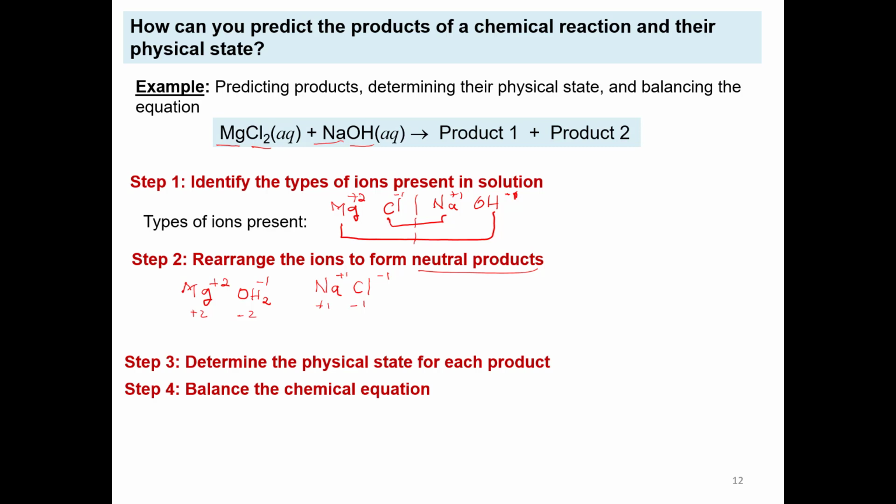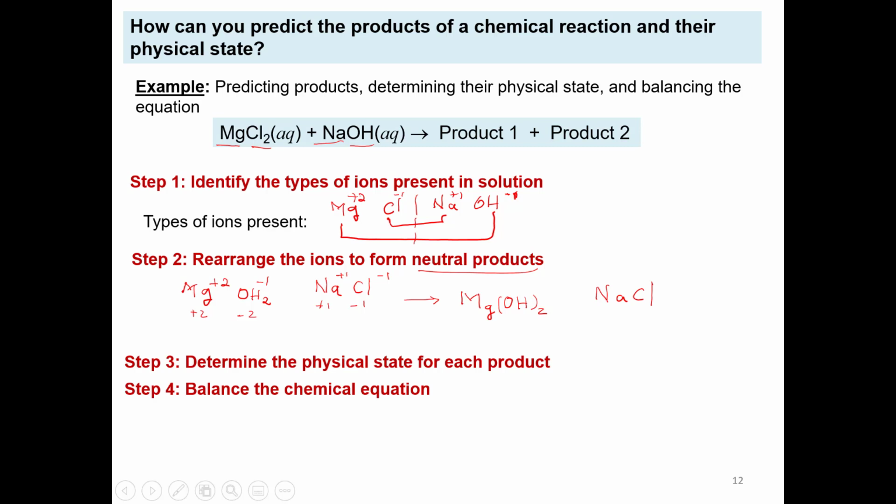Then the final products we will get, in this case, one will be magnesium hydroxide, and maybe we can write parentheses to indicate there are 2 molecules of hydroxide. And then the other product will be just sodium chloride.